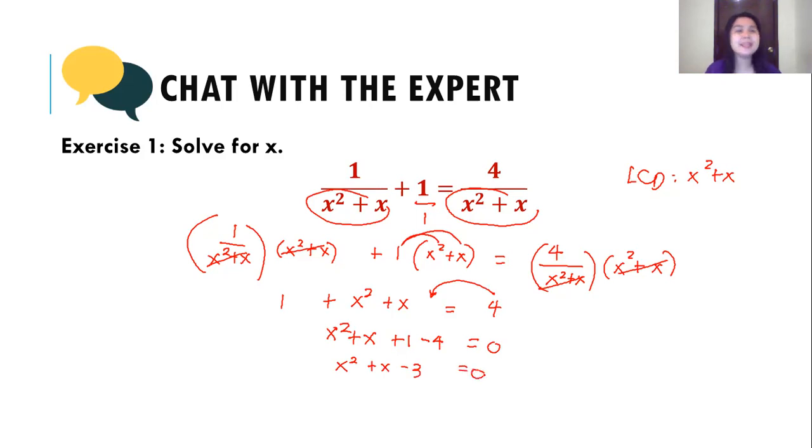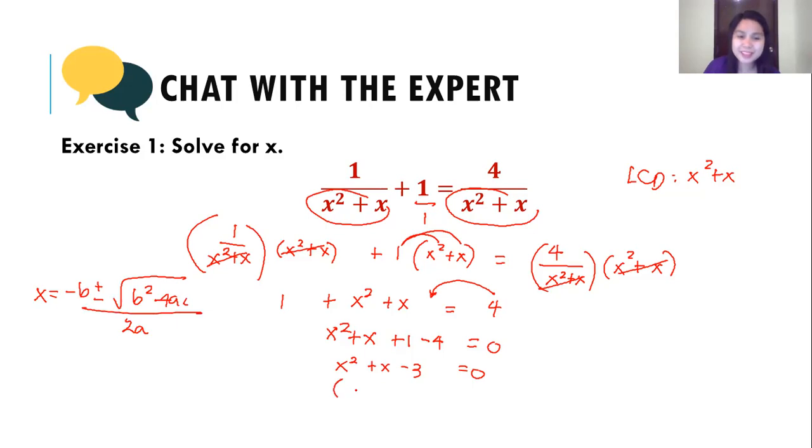Remember in your grade 9 class, when we solve quadratic equations, we need to do factoring. Or you could also use the quadratic formula. Negative b plus and minus square root of b squared minus 4ac over 2a.